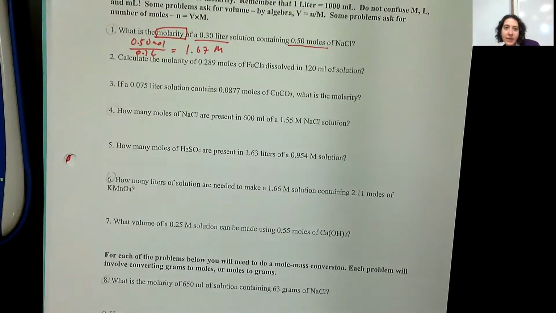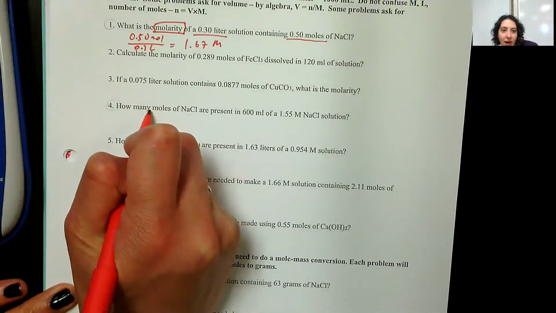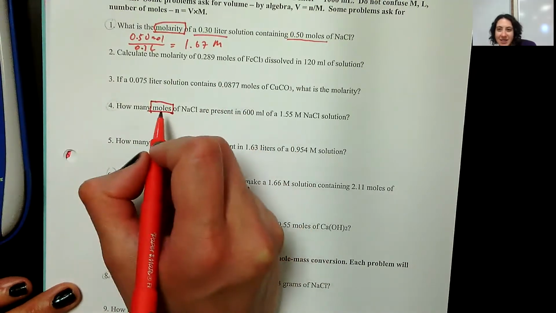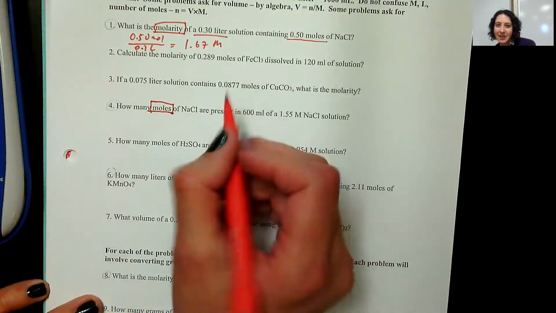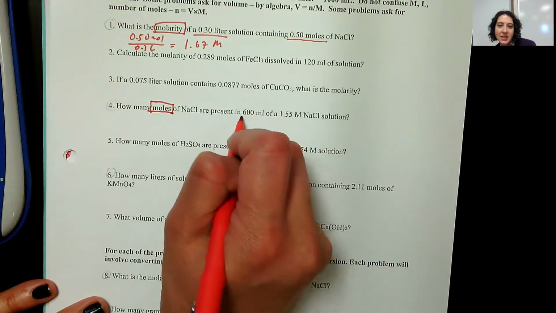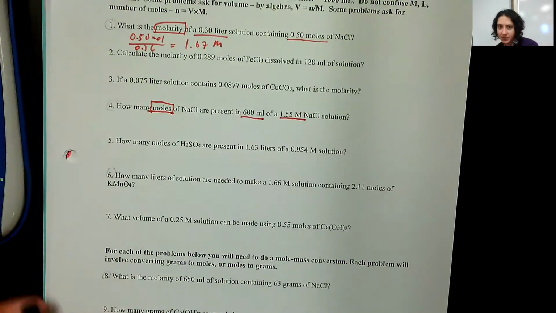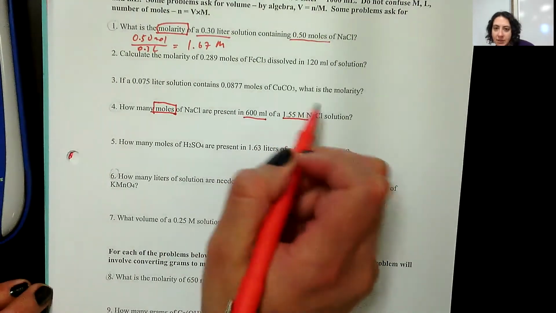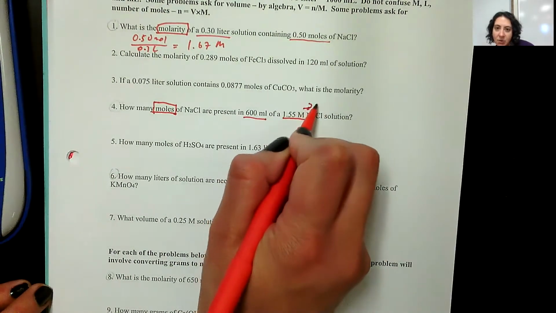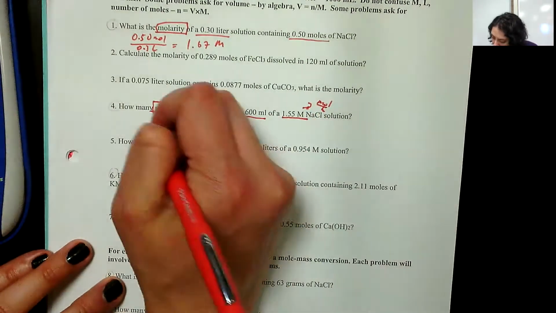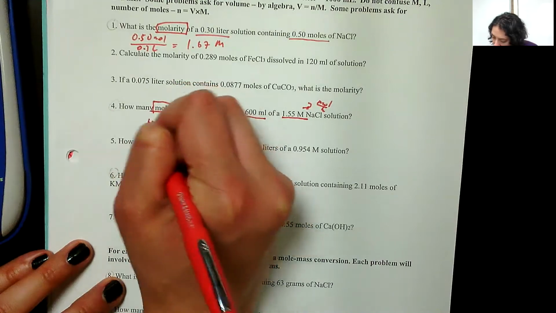Okay, so let's try another one. Number 4, how many moles of sodium chloride are present in 600 milliliters of a 1.55 molar solution? Again, as long as I see moles and molarity, I don't really care what it is. So the molarity I know is moles per liter, which is my equality. So let's start with the 600 milliliters.